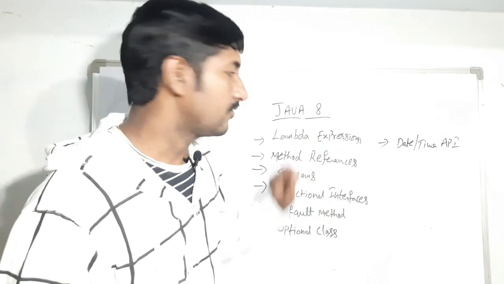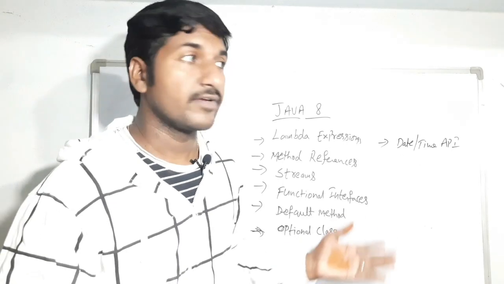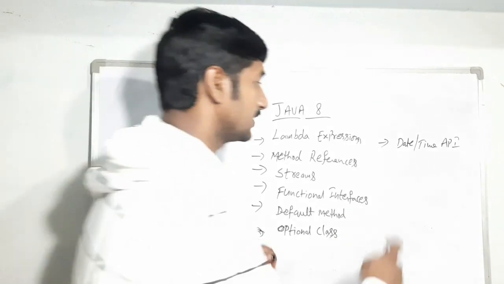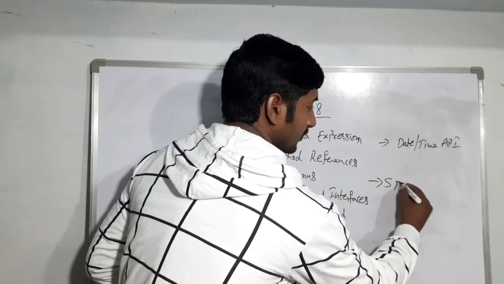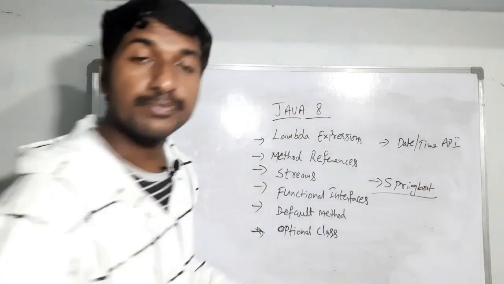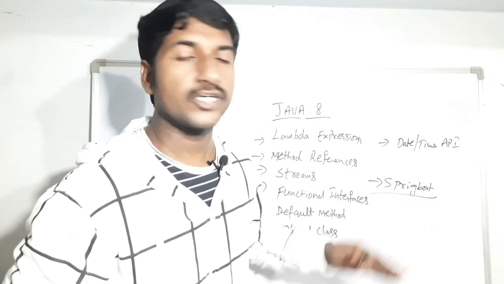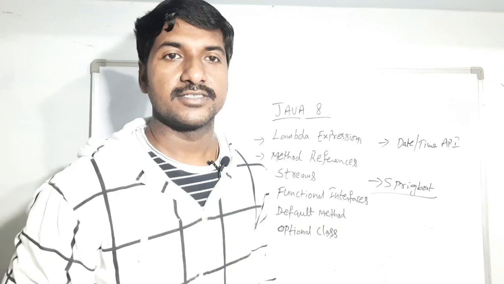One more thing: for senior Java developers with above 5 years of experience, they are asking Spring Boot as well. Nowadays every project is migrating to Spring Boot microservices-level architectures. They are not using traditional architectures.